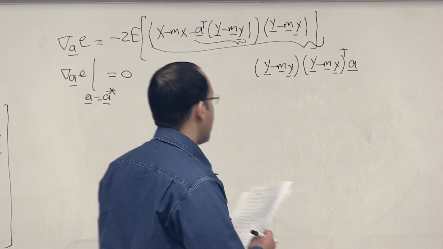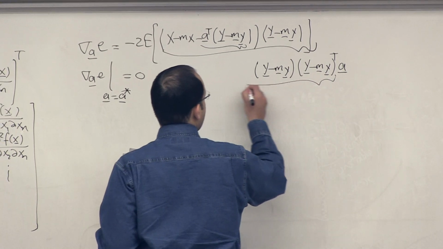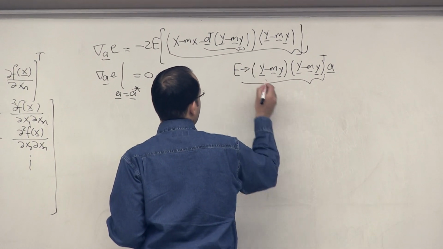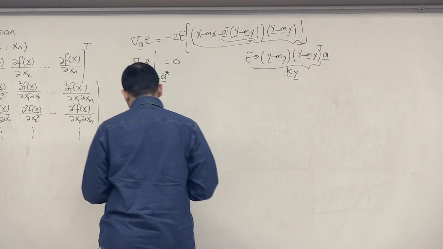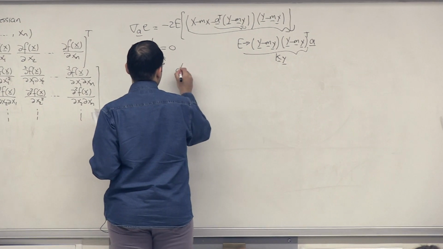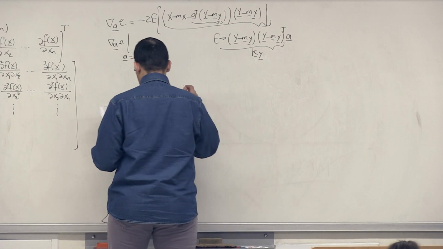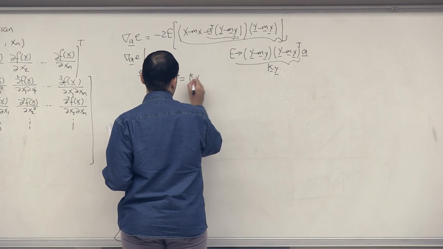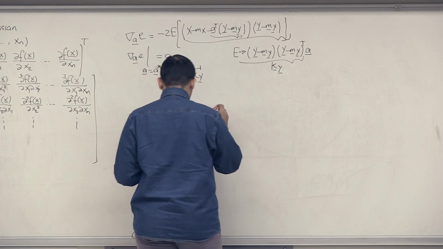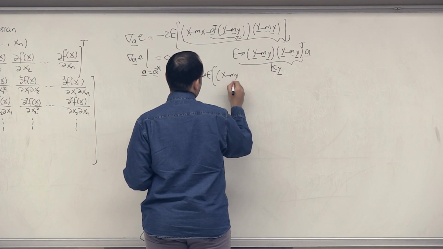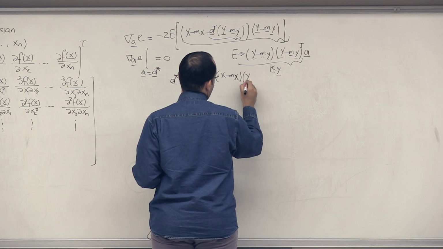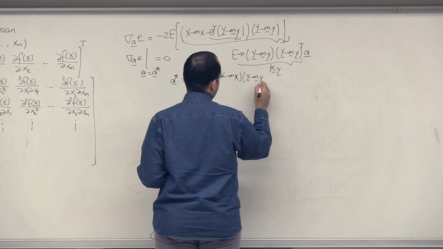Okay, so this is Ky. When you enter the expectation, this ends up being Ky. And thus you can see that A star is Ky inverse multiplied by the expected value of x minus mx, y minus my.